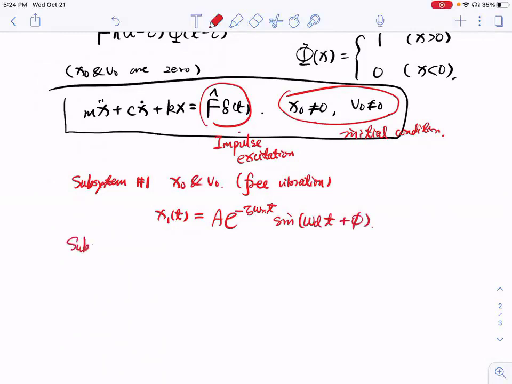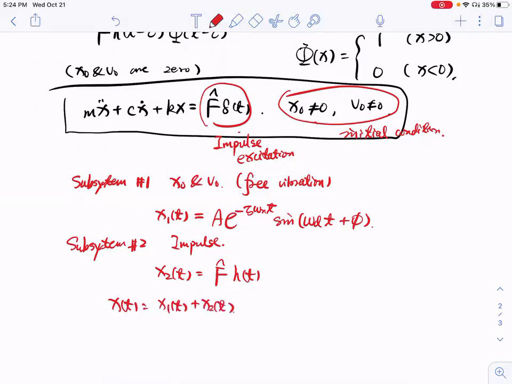And then your second subsystem is the impulse, so your second solution would be f hat h(t). And then finally, your solution would be whatever solutions you got from each subsystem.